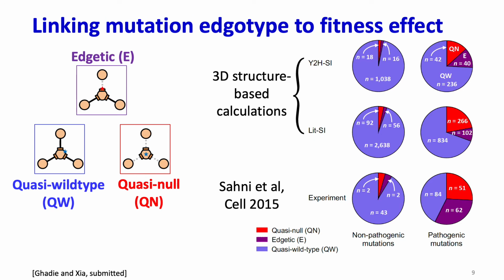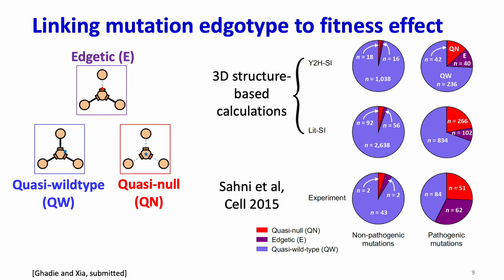Here are the results. In the Y2H-based structural interactome, we find that 1.5% of non-disease mutations are edgetic, whereas 12.6% of disease mutations are edgetic. On the other hand, 1.7% of non-disease mutations are quasi-null, whereas 13.2% of disease mutations are quasi-null.